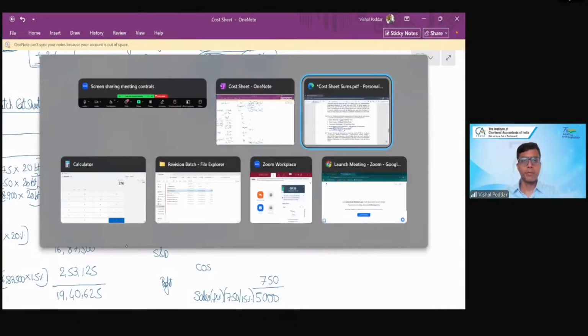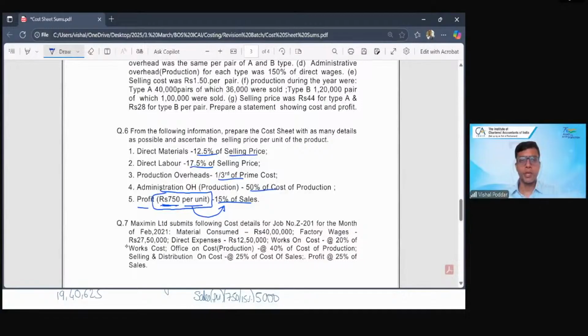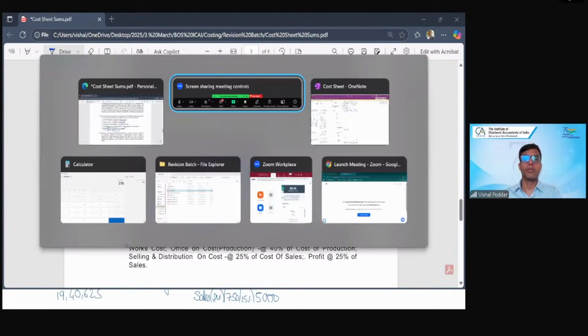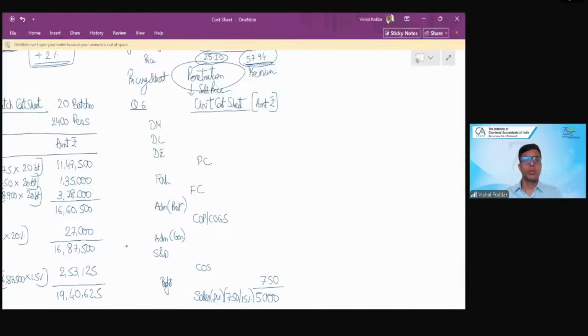Now when I proceed, I find that two of my costs are linked with selling price. So these two I can find out: direct material 12.5 and direct labor 17.5. Correct? Now both are percentages of selling price, so I multiply by selling price to get my answer.